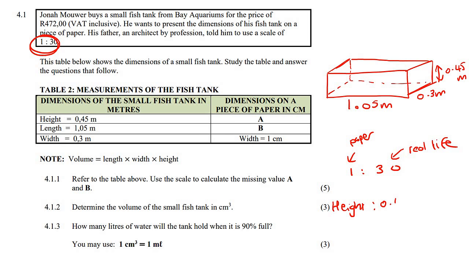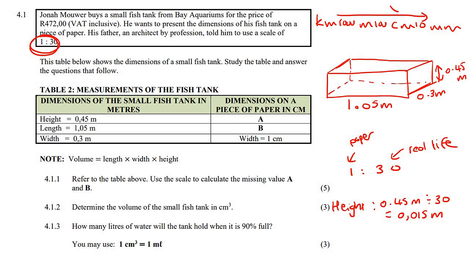is we will take that 0.45 meters and we will divide it by 30. And that'll give us 0.015. But that's still going to be in meters. Now, they would like it to be in centimeters. So we know our conversions: kilometers, meters, centimeters, millimeters, 1,000, 100. Multiply, divide.